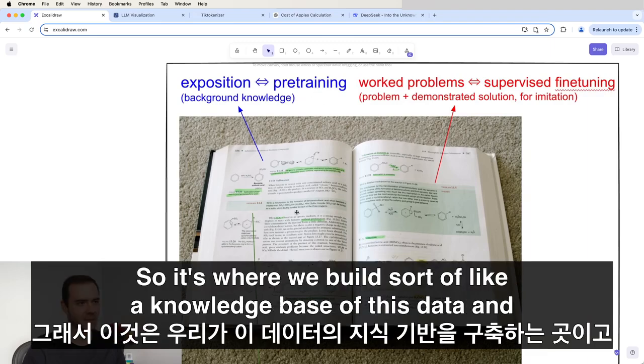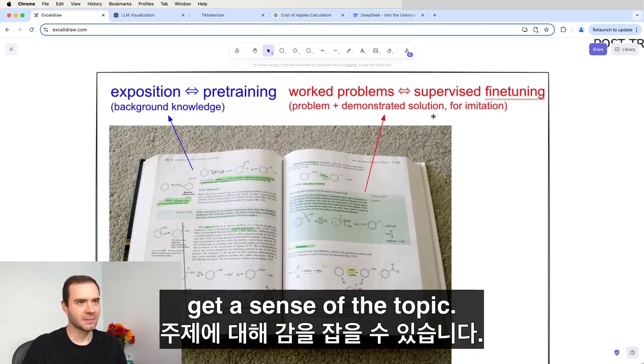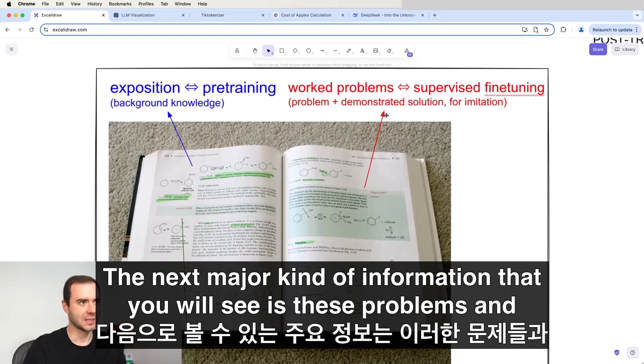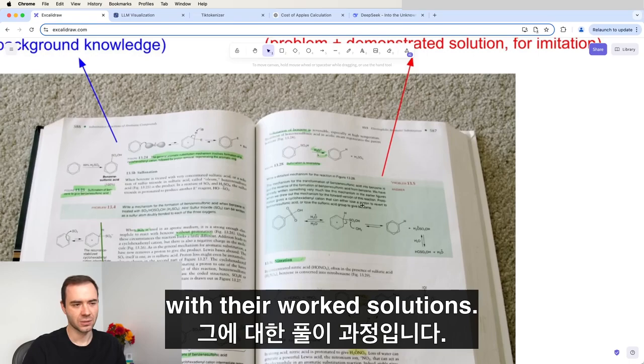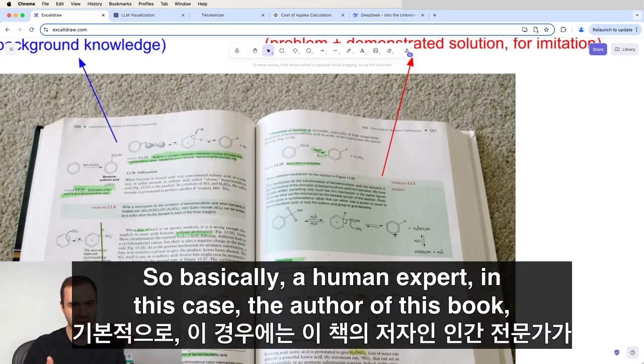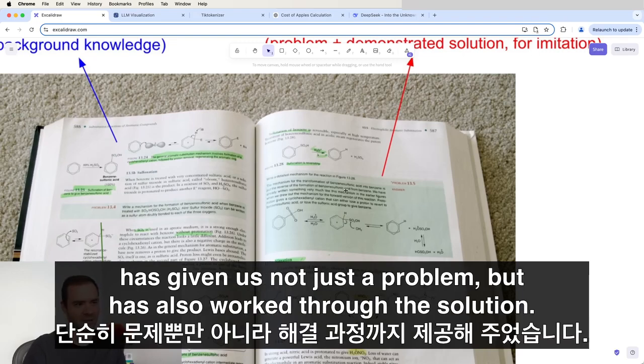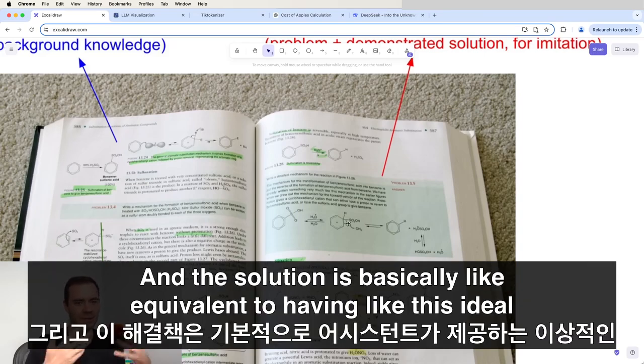So it's where we build a knowledge base of this data and get a sense of the topic. The next major kind of information that you will see is these problems with their worked solutions. Basically a human expert, in this case the author of this book, has given us not just a problem, but has also worked through the solution. And the solution is equivalent to having an ideal response for an assistant.